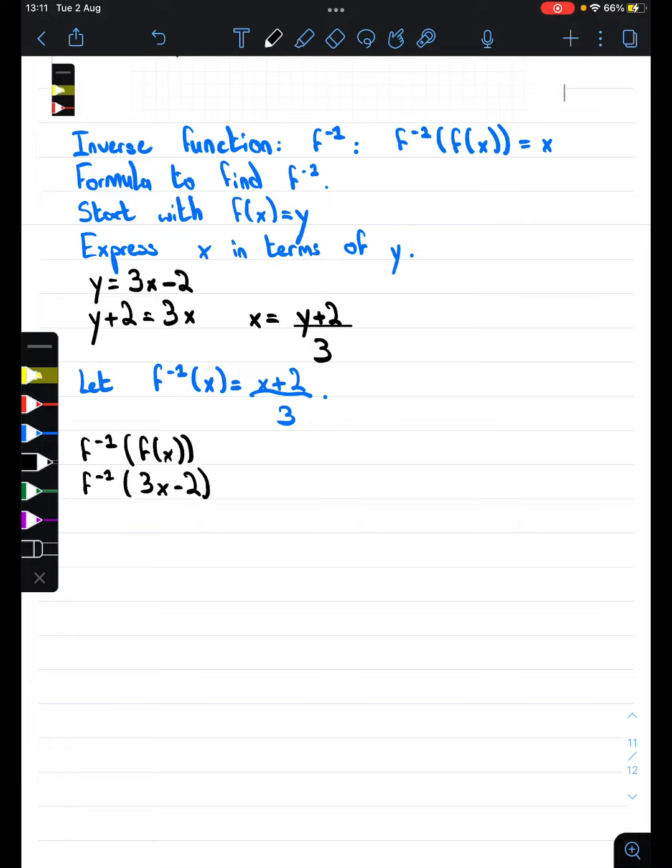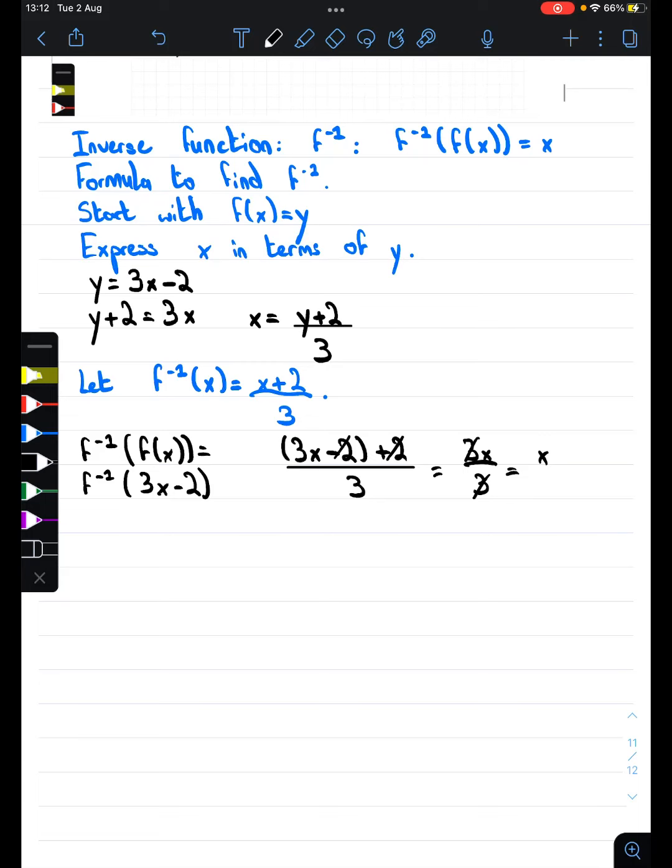So wherever we see x, we're going to sub in 3x minus 2 into f inverse of x. So 3x minus 2 plus 2 over 3. Well, the minus 2 and the 2 are going to cancel, and we're going to get 3x over 3, and then the 3's are going to cancel, and we're just going to get x.